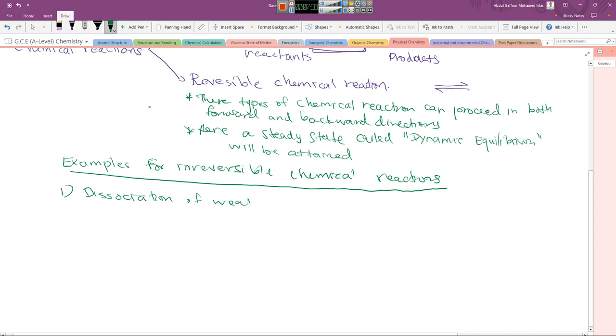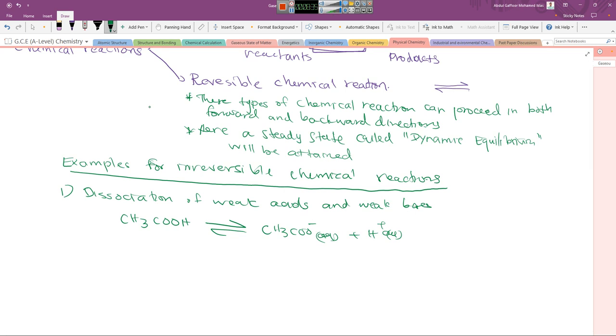This is one example where reversible chemical reactions occur, right? For example, if you have CH3COOH, you might have seen a double arrow used in this type of dissociation of weak acids and bases. So we get CH3COO minus aqueous and H plus aqueous, which means partial dissociation occurs. So both forward and backward reactions are happening. Another example is the synthesis of ammonia.